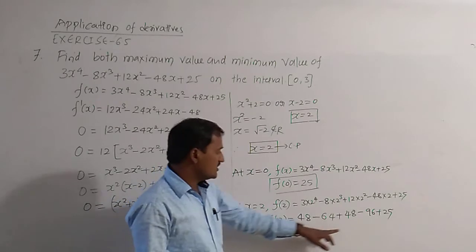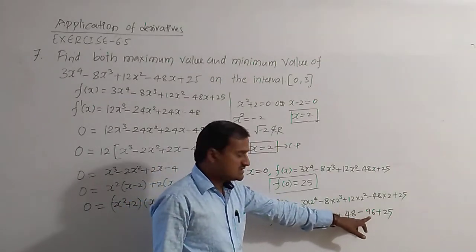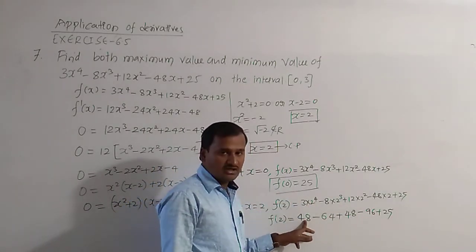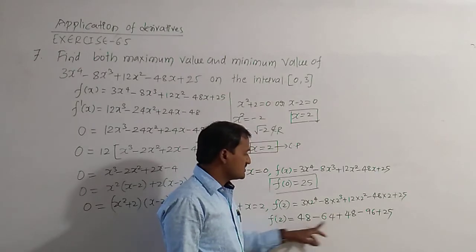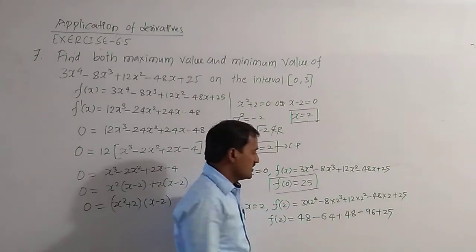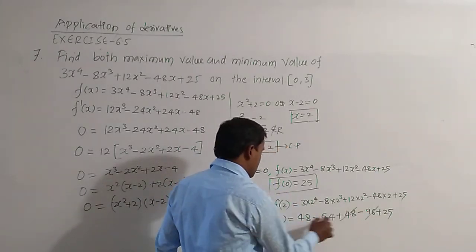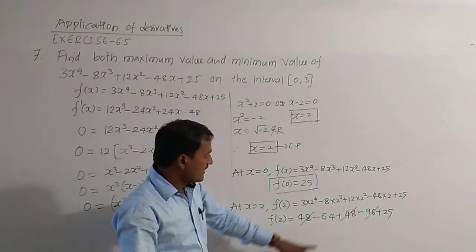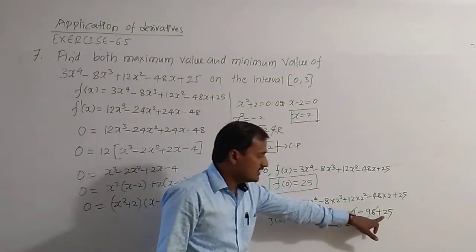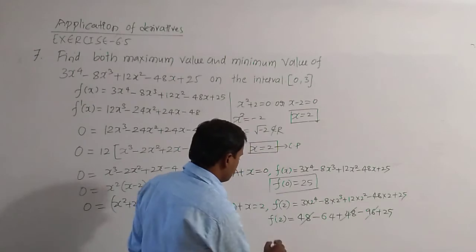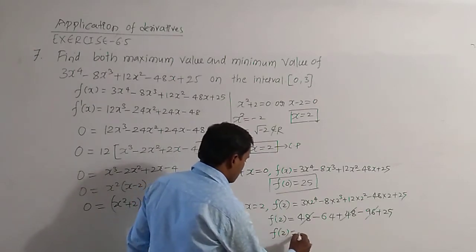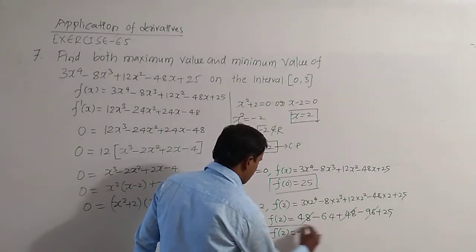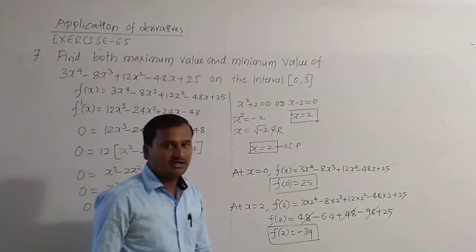Here you should observe that 48 plus 48 is 96, and this plus 96 will get cancelled with the minus 96. So clearly this term will get cancelled, and here it is minus 64 and plus 25. Therefore f of 2 is equal to minus 39.